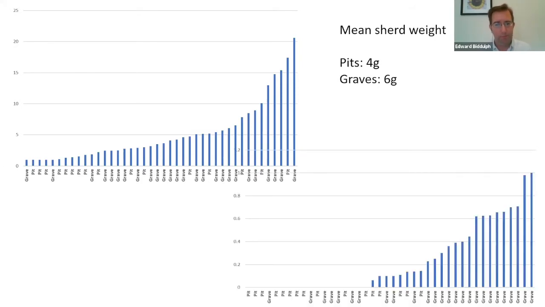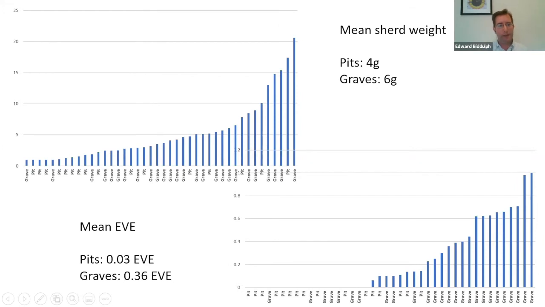And in fact, this is the case. Graves have a mean Eve of 0.36 Eves, or 36% of the total rim circumference, compared to just 3% for pits. So you can see that using mean Eves we've separated out those two features quite nicely.